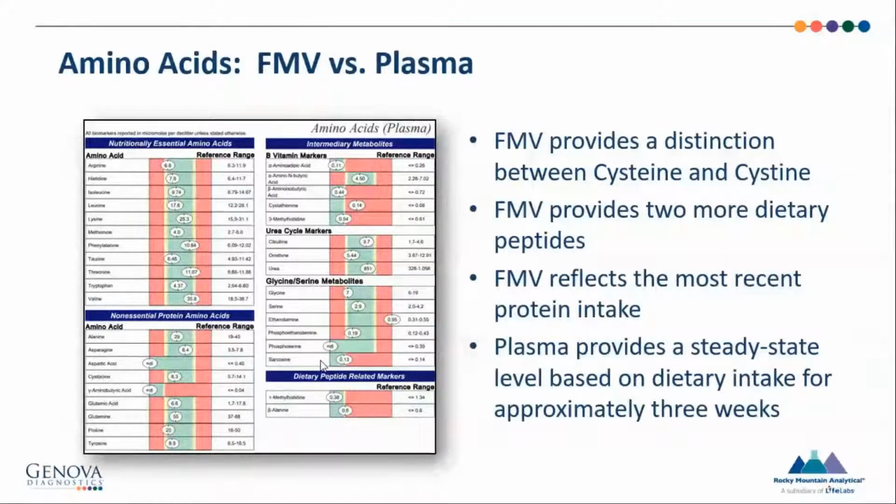So I tend to lean in that direction sometimes because if I want to see a longer term level, I find that helpful, but both are very good tests. So here you see those 2 dietary peptides, and cysteine is combined between the cysteine and cysteine combined together. That's why it's given to us as cysteine combined with the parentheses.